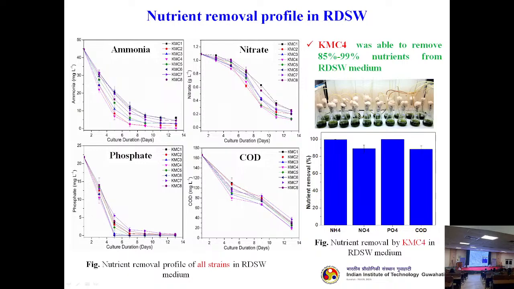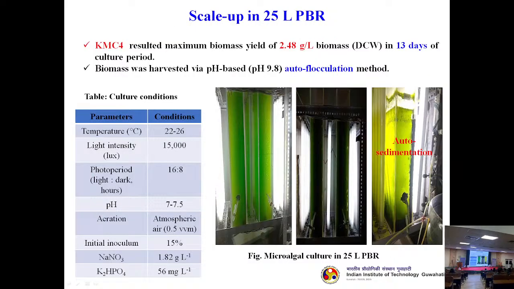Then we harvested the algae. Since I'm a chemical engineer and many of my students are also chemical engineers, we are always thinking about how you can increase the biomass productivity and all such things. So we went for a 25 liter photobioreactor, PBR stands for photobioreactor. These are in-house laboratory experiments.